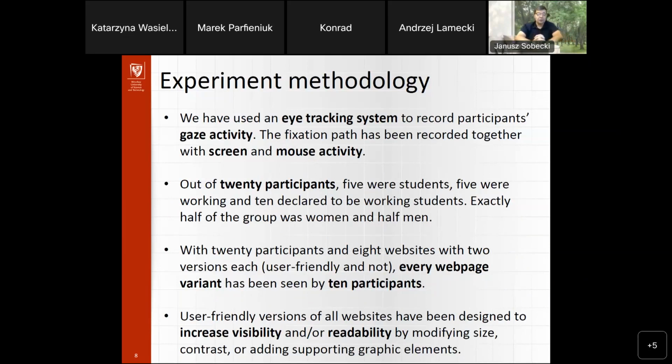Exactly half of them were women, and the other half were men. So with 20 participants, 8 websites with 2 versions each, user-friendly and not, because the A version was supposed to be a better version, and the B version supposed to be a bit worse version.